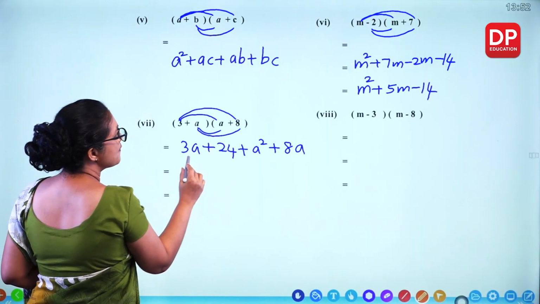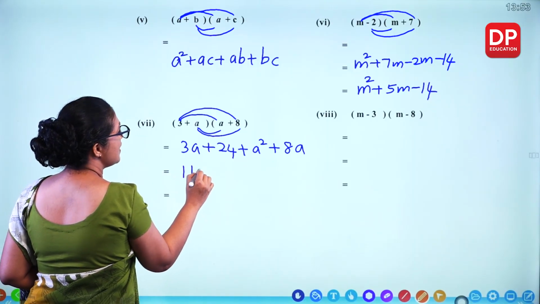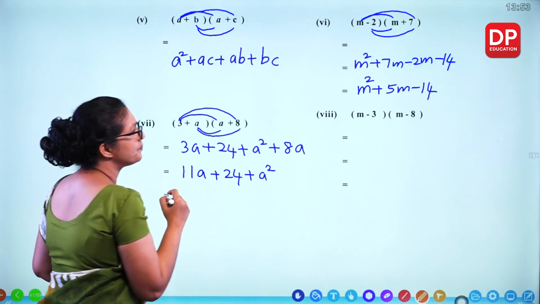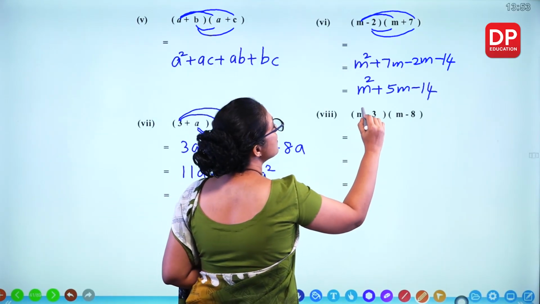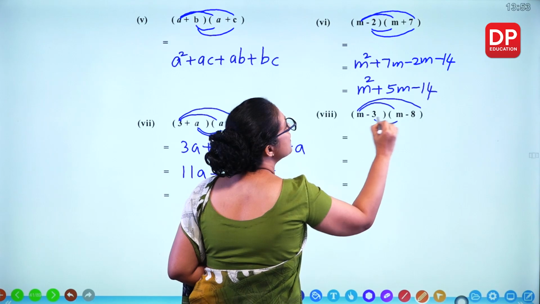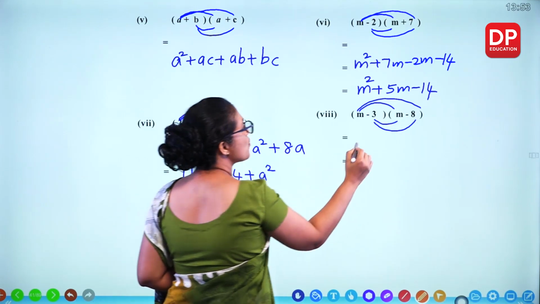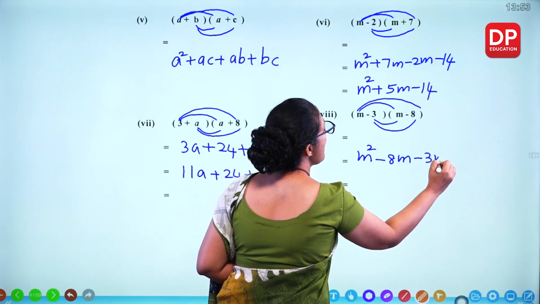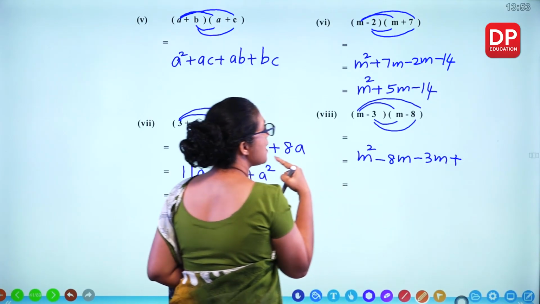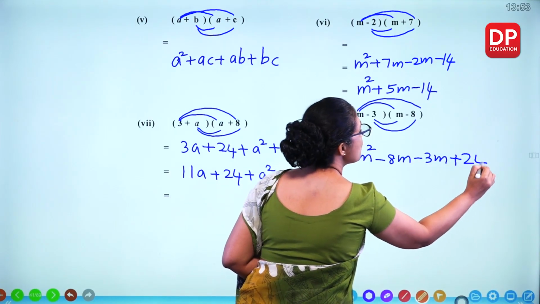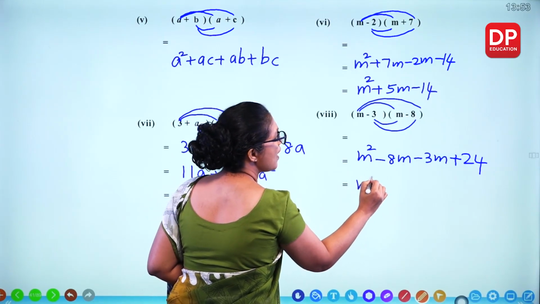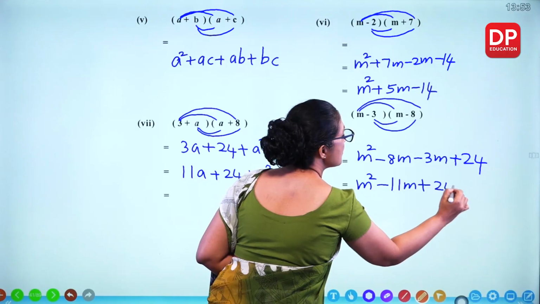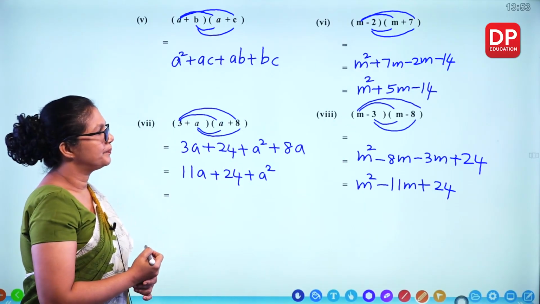You get 3a and 8a, 11a, 24 and a squared. This one, rainbow method or FOIL method. M squared minus 8m minus 3m plus 8 times 3, 24. So simplify, you get 11m in the middle and here you get 24 there.